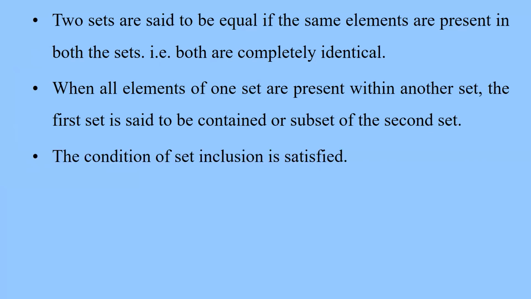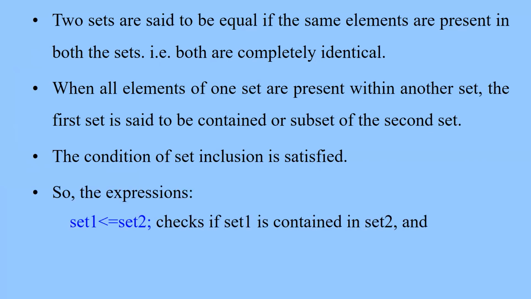The condition of set inclusion is satisfied. So the expression set 1 is less than or equal to set 2 simply checks if set 1 is contained in set 2.